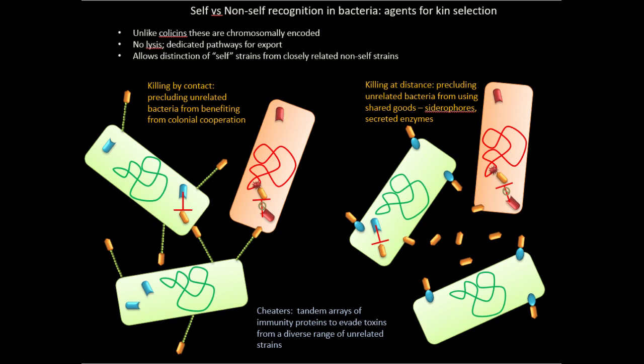And this kin recognition process could hence lay the groundwork for understanding the importance of kin selection in bacteria. So when you're producing shared goods like siderophores and secreted enzymes, you only want to share them with kin, so you want to exclude non-kin.